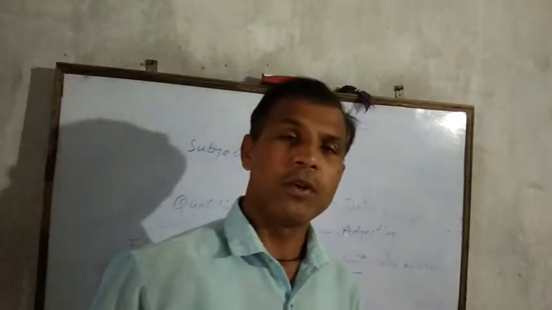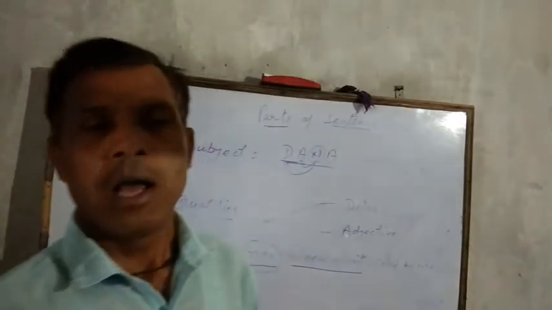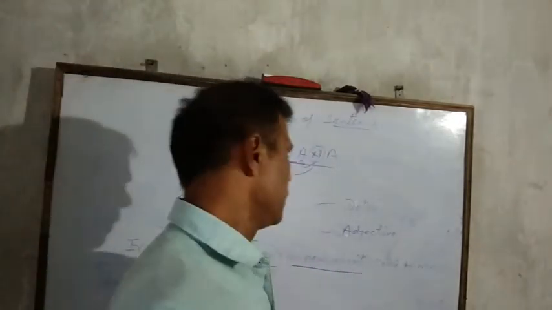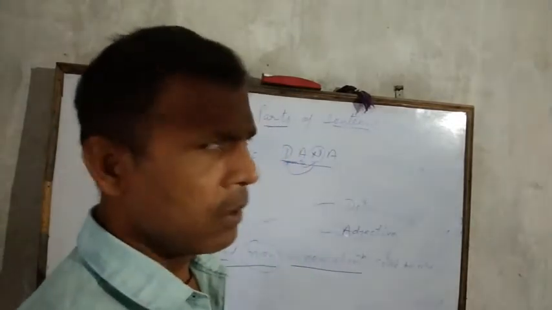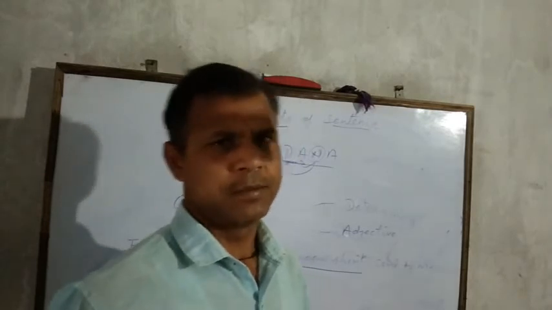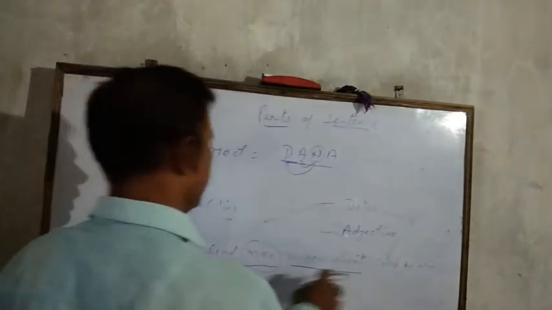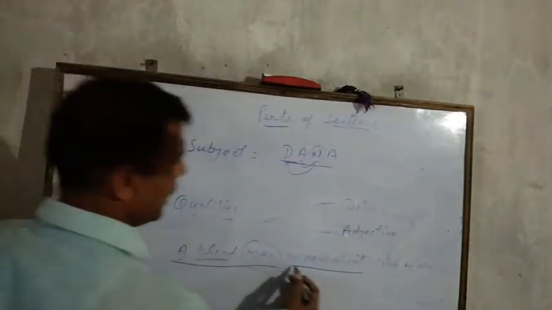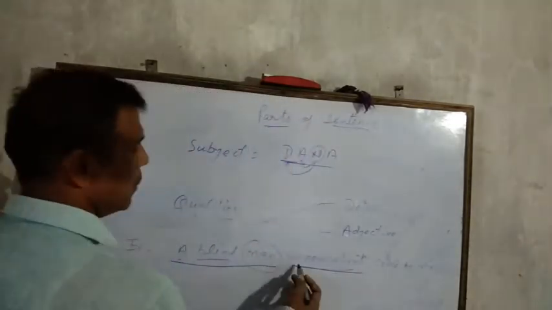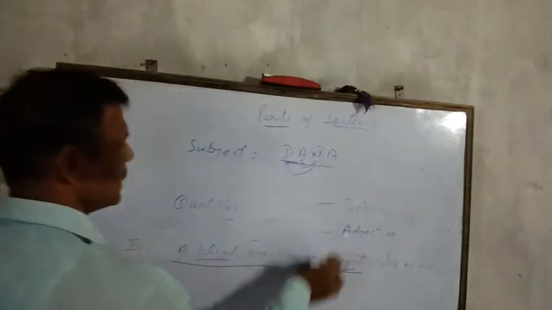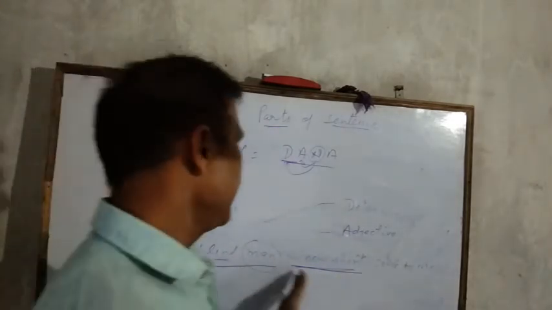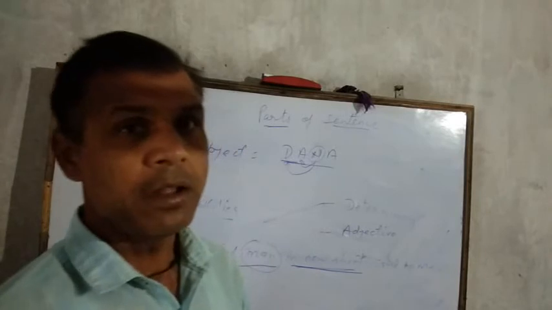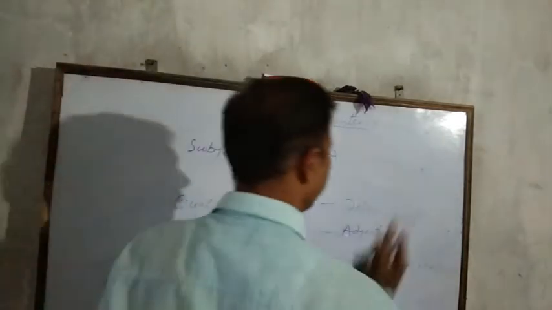In the previous video I taught you what a phrase is. A phrase is a group of words which does not give a meaningful sense. It is only a group of words. So in a blind man in new shirt, 'in new shirt' is a phrase, or this is an adjectival phrase because it qualifies the man. Man in new shirt came to me.